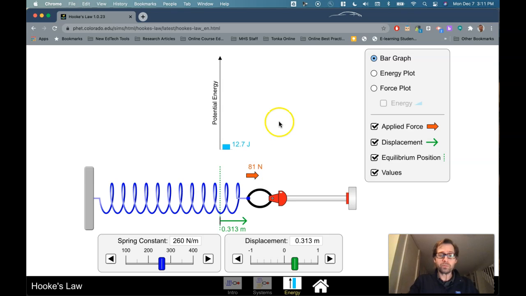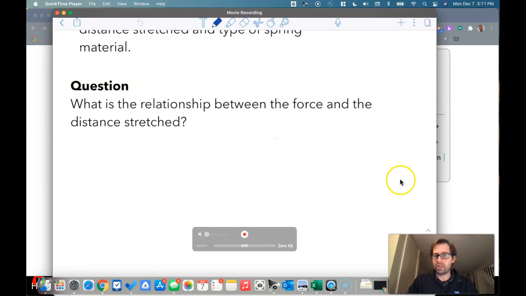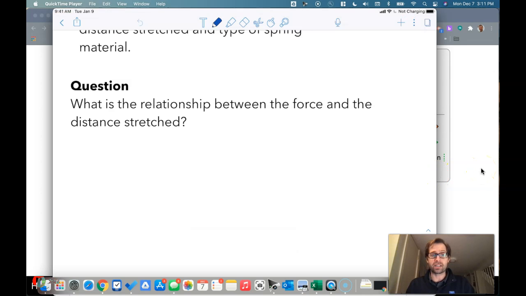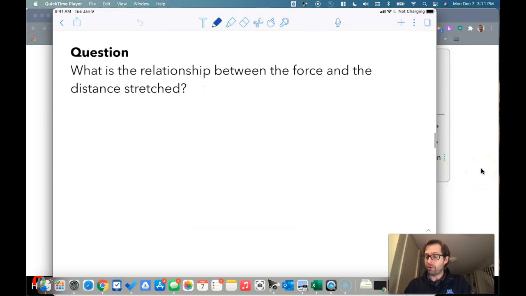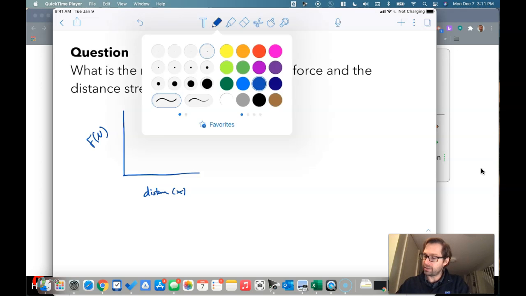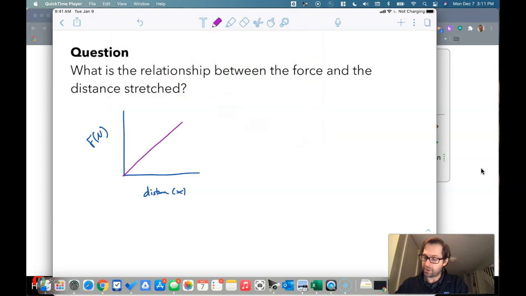When I go back to my original question, what is the relationship between the force and the distance stretched? I now know I can go back to that idea of having a linear relationship. So force in newtons versus distance, which we'll just call x, I'm always going to get this kind of linear relationship.